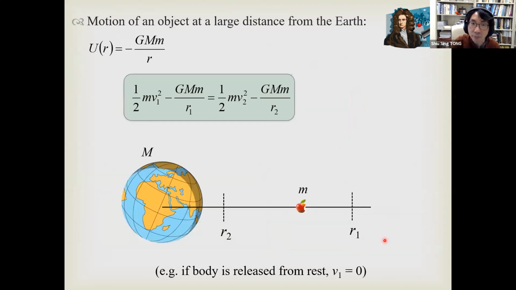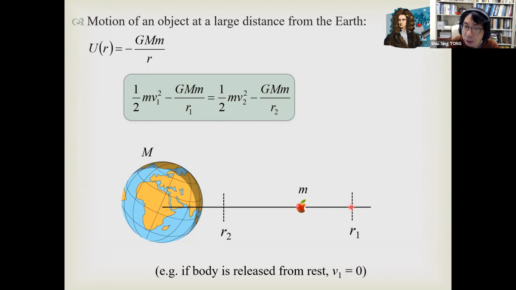And how about if I have an object that is placed at a large distance from the Earth? The potential energy is no longer given by mgh. It is given by minus GMm over r, and with this potential energy, we define infinity as the reference position. So if my apple is now at distance r1 and r2 from the Earth's center, the potential energy will be minus GMm over r1 and minus GMm over r2.